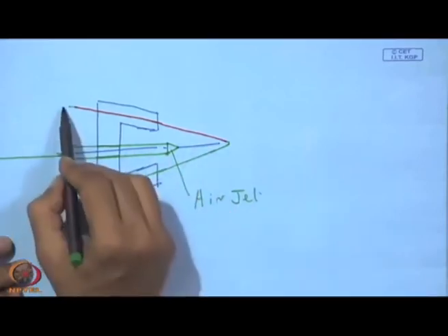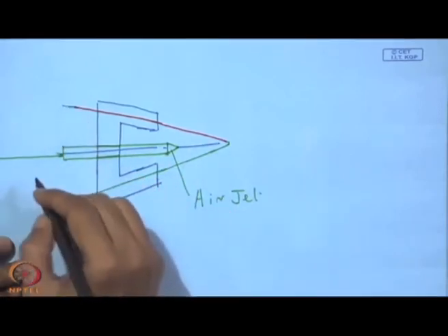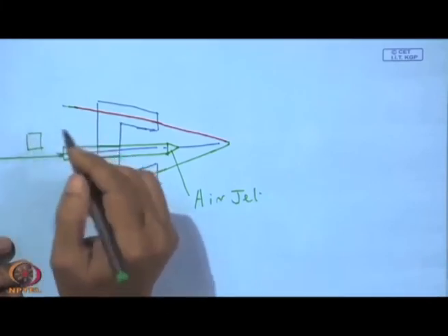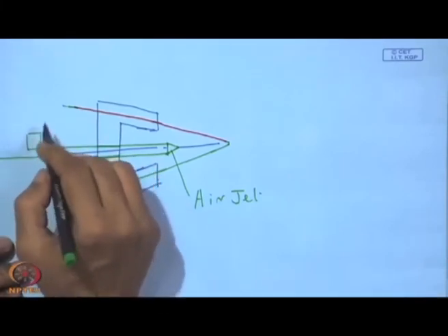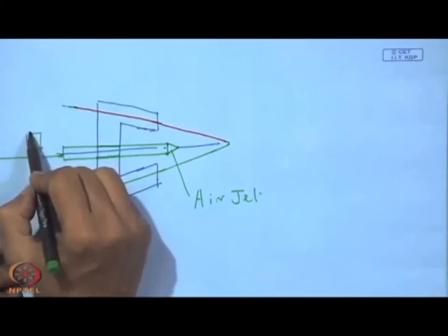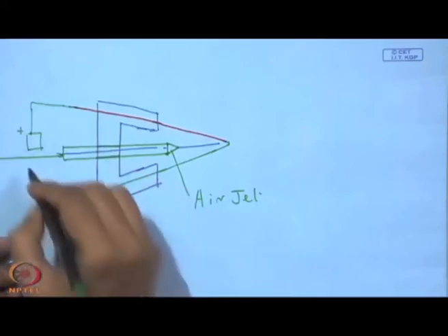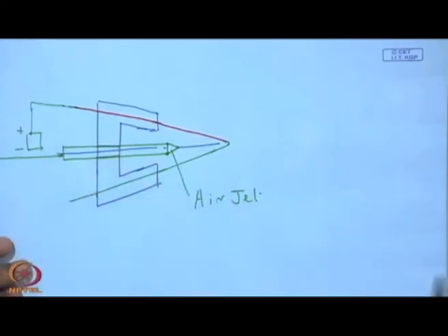Now, these two wires will be polarized. That means, if we have a power supply, then this is connected to the positive polarity and this is going to be the negative polarity.